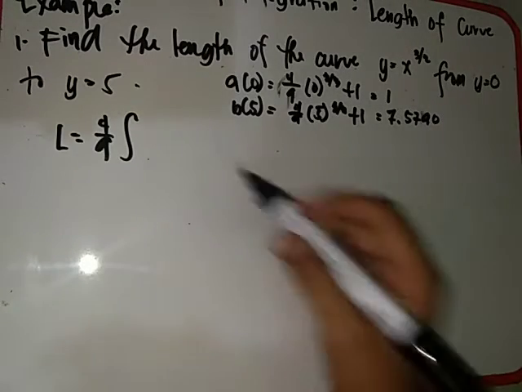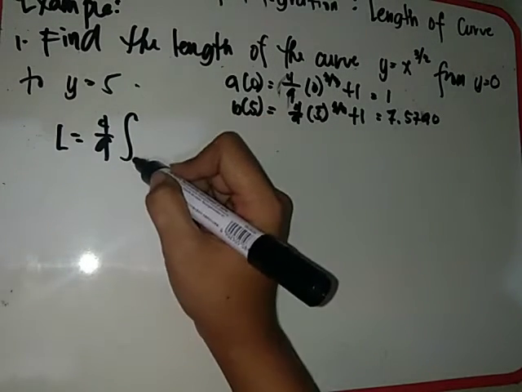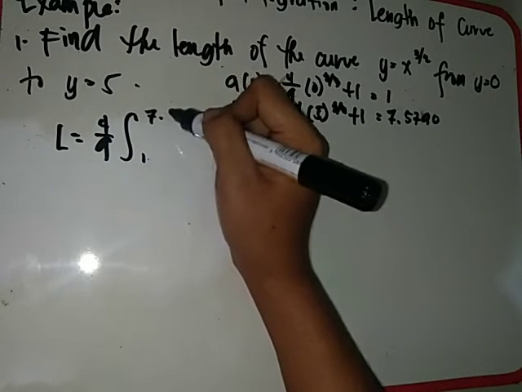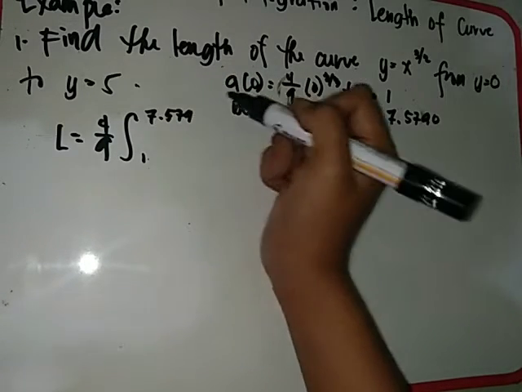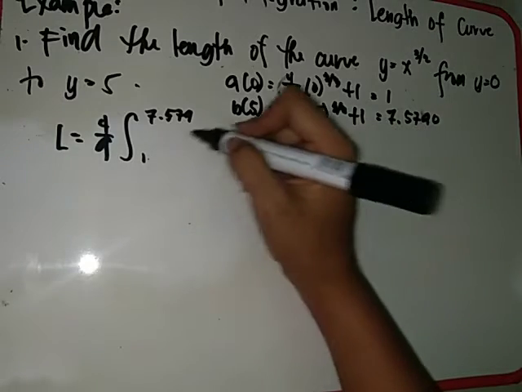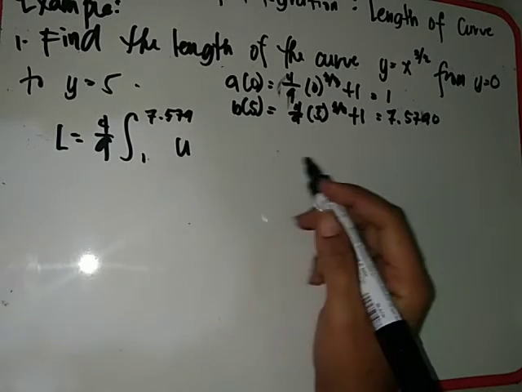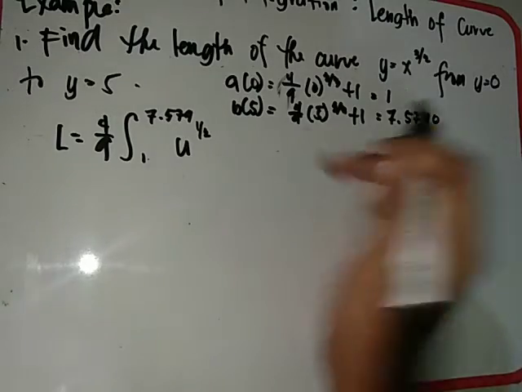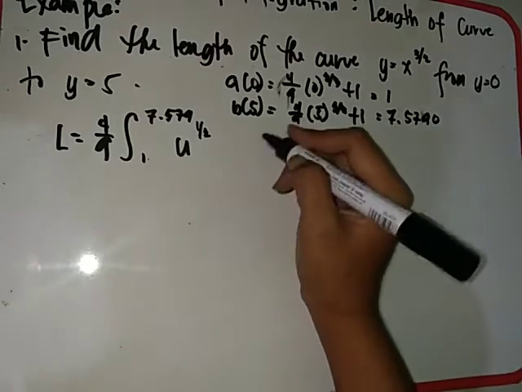So here the integration is 1 to 7.579, we have u raised to 1/2 or square root of u du.